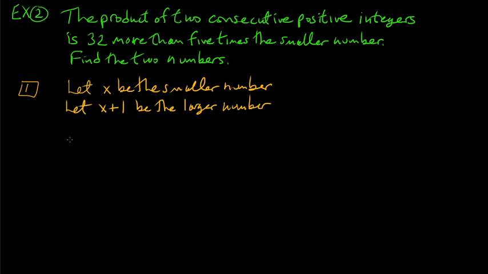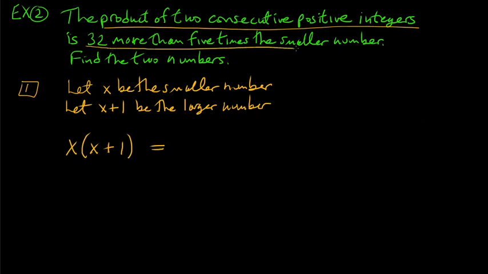So if we take the product of those two numbers, here's the product, x times x plus 1. What do we get? Well, we don't get 32. We get 32 more than 5 times the smaller number. The smaller number is x.